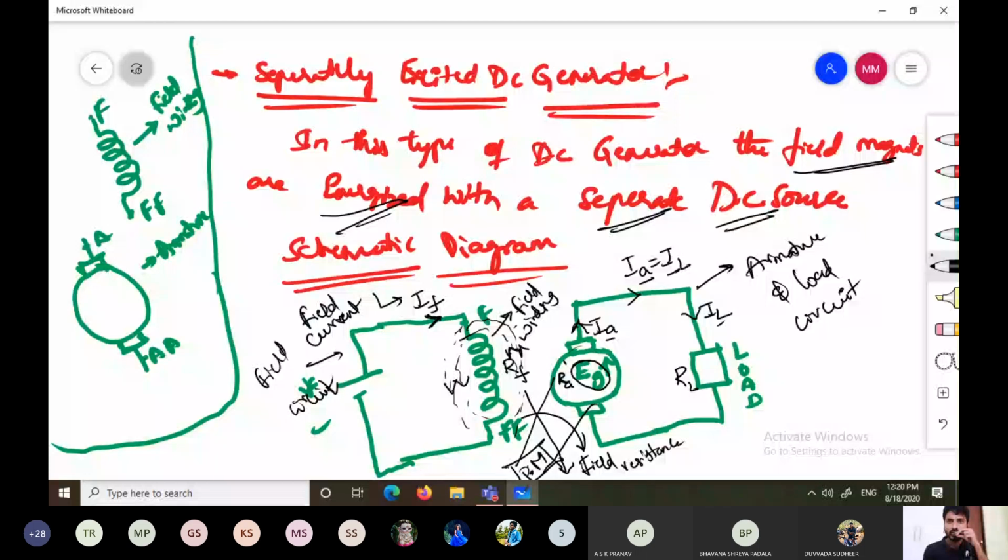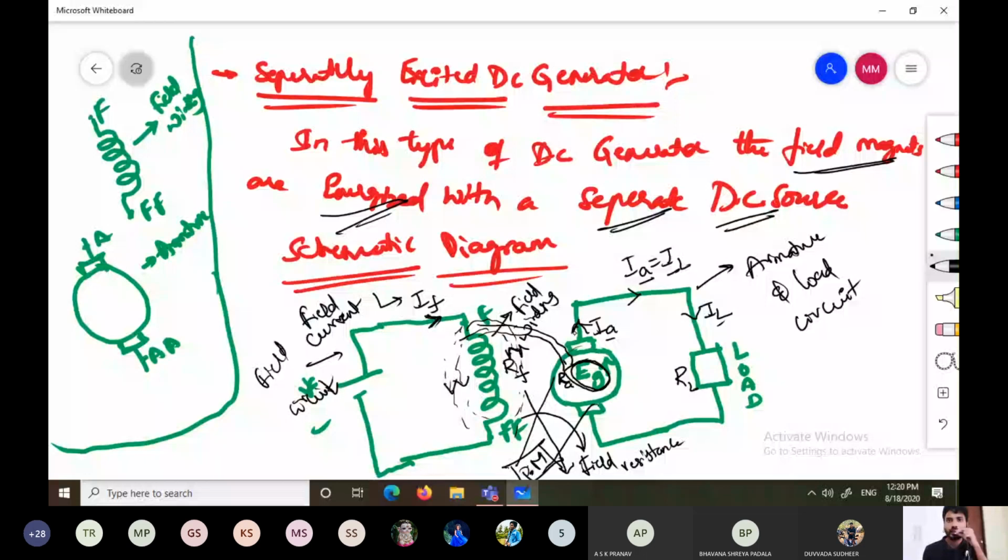So an EMF is generated in the armature. As the armature and load circuit are closed, due to the generated EMF, current passes into that circuit. That current is called IA, the armature current.